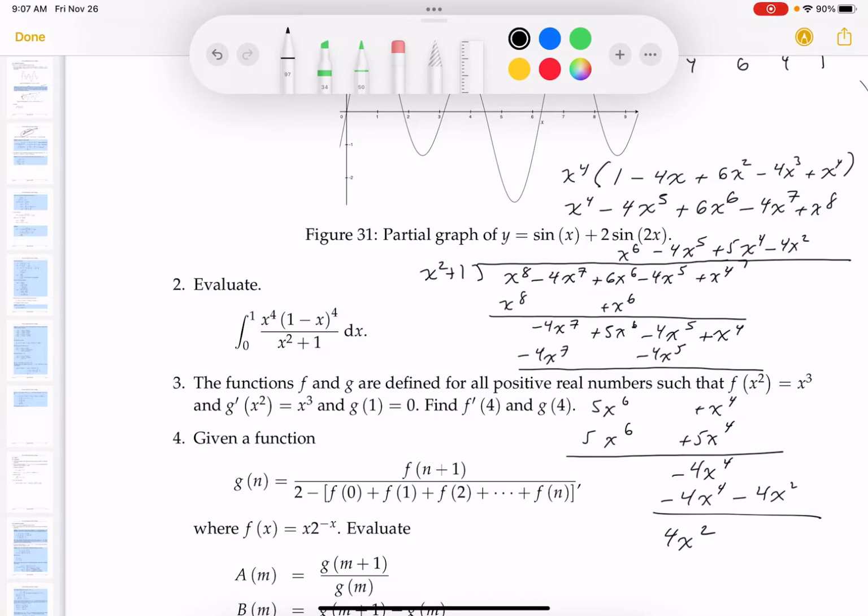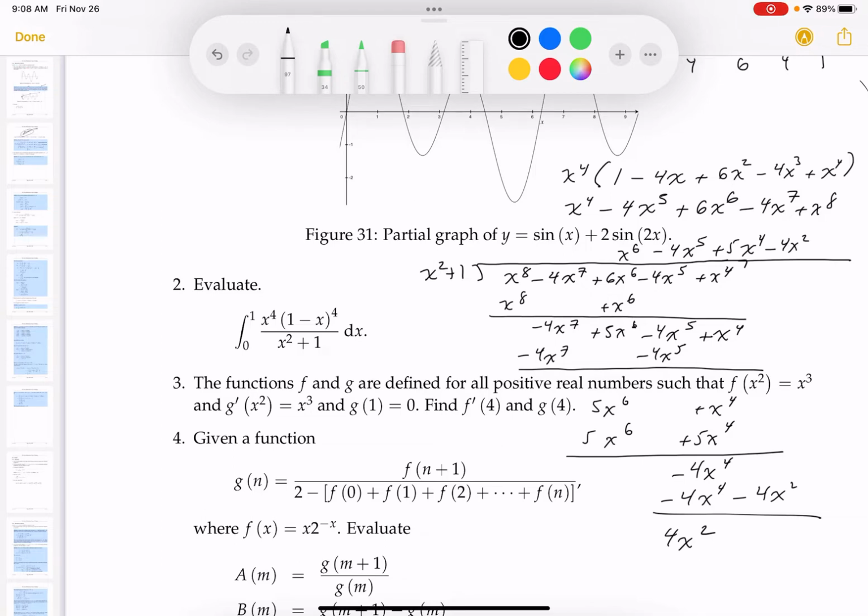Minus 4x^7, 5x^6, minus 4x^5. I'm just going line by line, by the way. And you should do this too when you're doing things, because you're looking at something, which, am I going forward in the right direction? 5x^6, x^4, 5x^4, minus 4x^4. Yeah, I think I did okay.